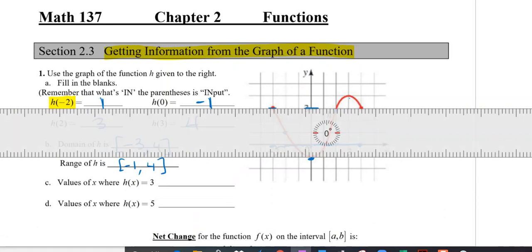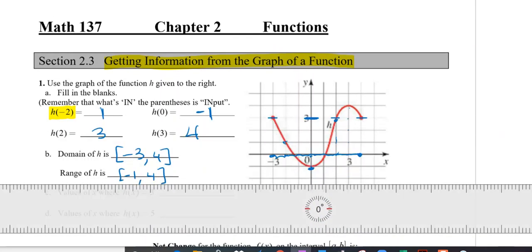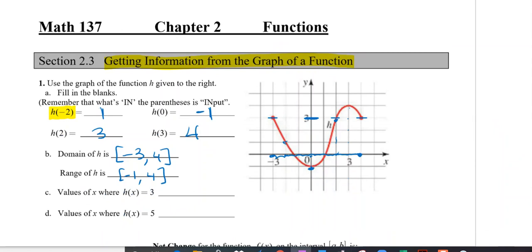Looks like we have a point right there, and there, and there. So what x values are those? Looks like we hit it at x equals -3 and at 2 and at 4.